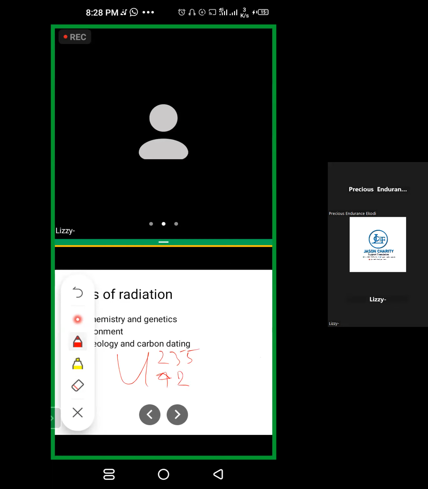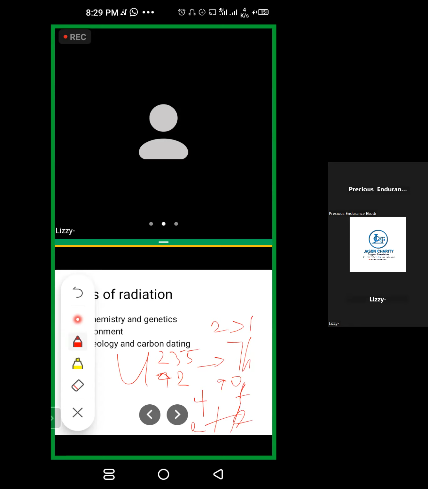Now, if this is to undergo alpha decay, what you have is an element, thorium, having a mass number of 231 and an atomic number of 90. Why? Because it would have produced helium, having an atomic number of 2 and a mass number of 4. I hope we get it.